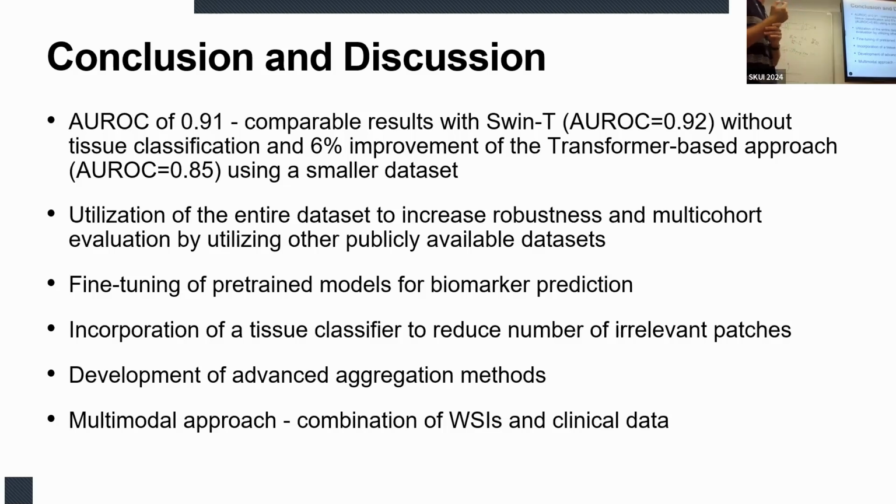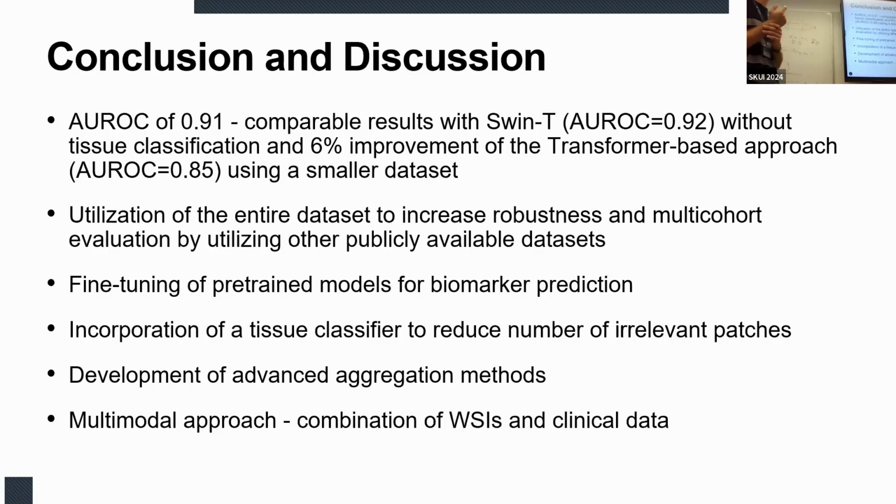Now, for future work, there are several possible avenues or things we can do. The most straightforward one is to use the entire data set and just increase robustness and hopefully accuracy. We also plan to do multi-cohort evaluation and take use of other publicly available data sets. Another thing that could potentially increase performance is fine-tuning the pre-trained models, specifically for the MSI prediction task.